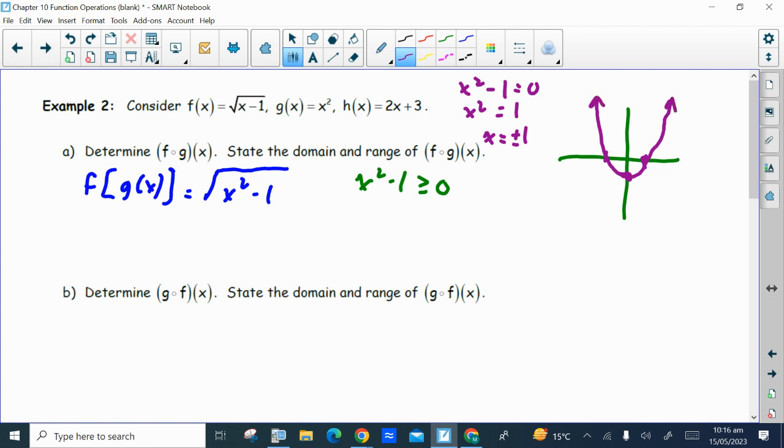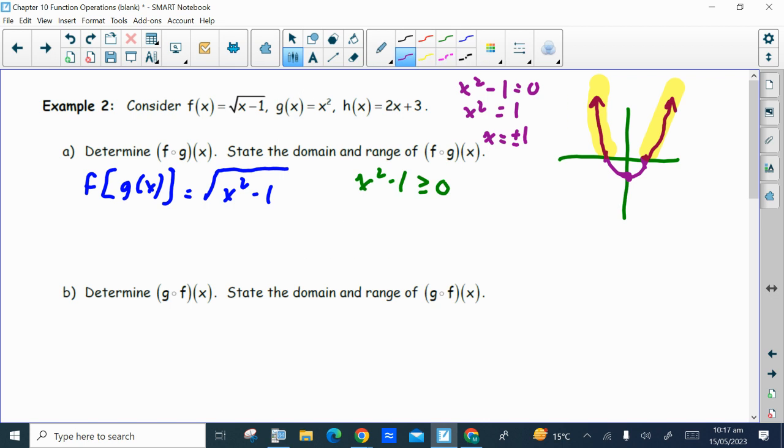This is the graph of x squared minus 1, and it must be greater than or equal to 0. That means the graph must be above the x-axis. So we're looking at this portion of the graph and this portion of the graph.